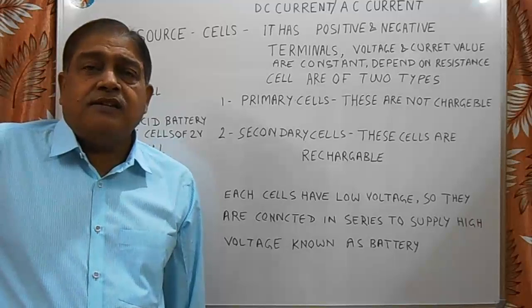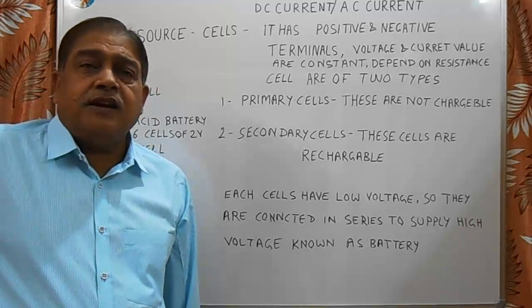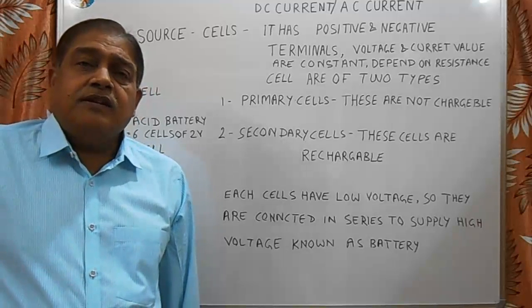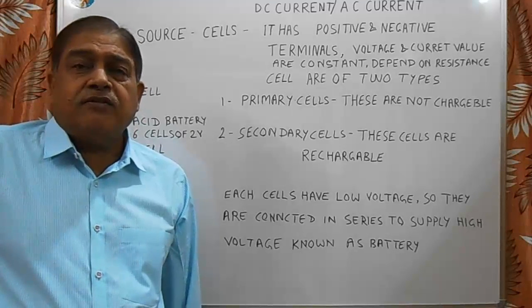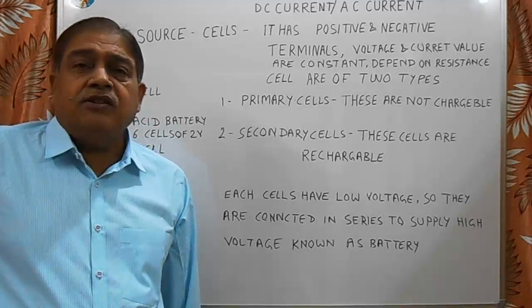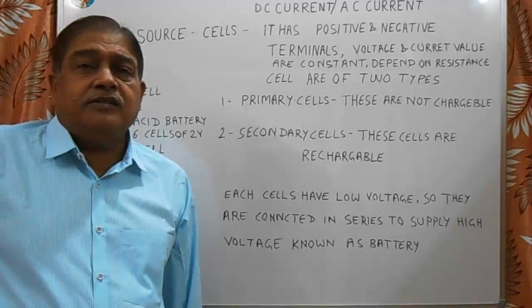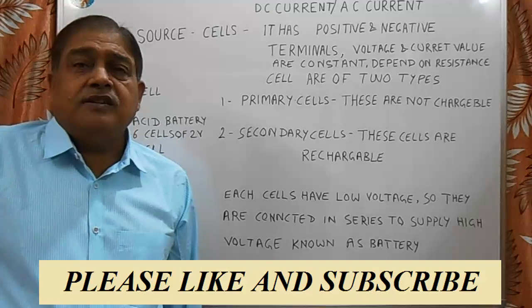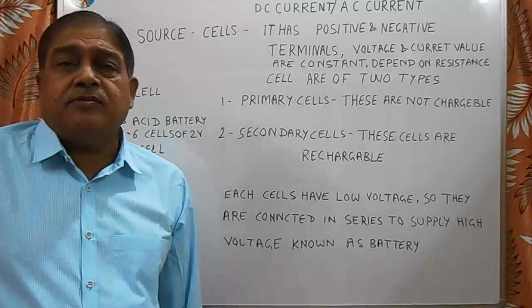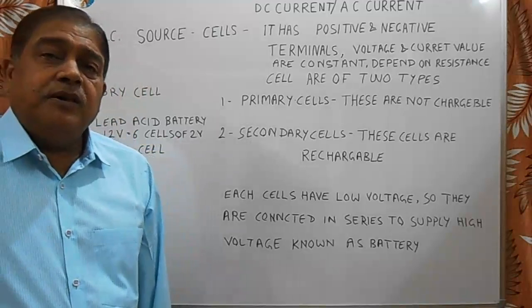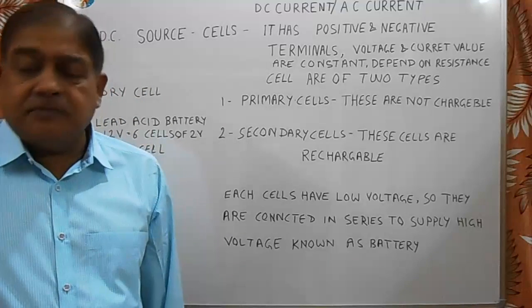In every cycle there is a positive half cycle and a negative half cycle. Its voltage varies according to the sine function, so E is equal to E max sine omega t. That is the formula of AC voltage. The positive half cycle and negative half cycle make a complete cycle.